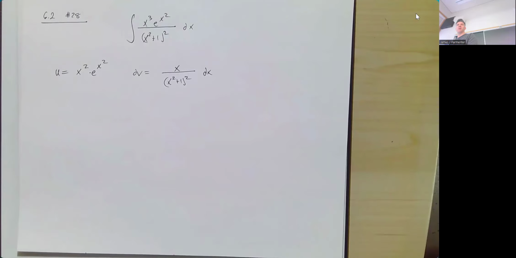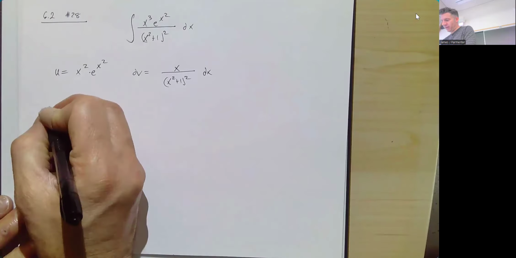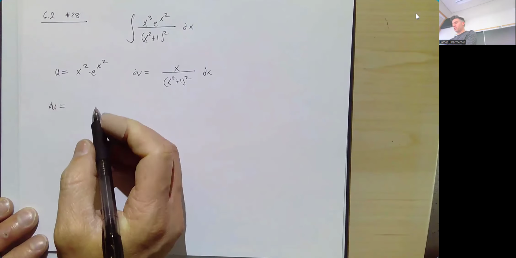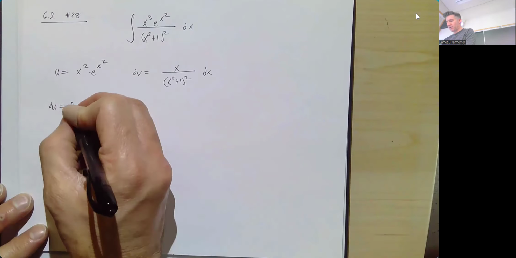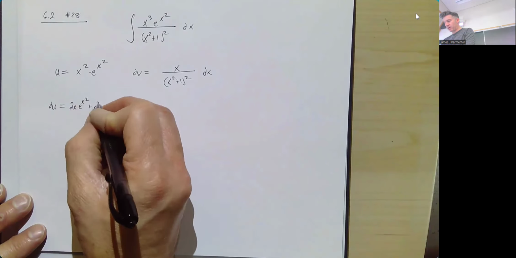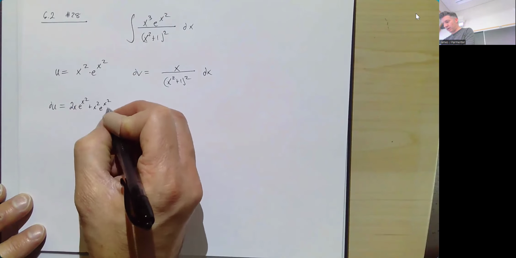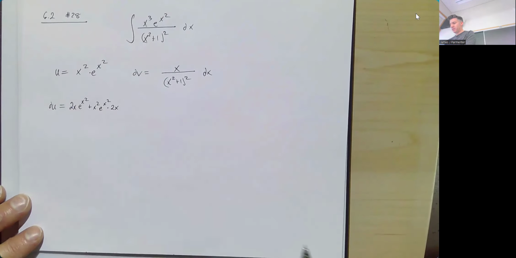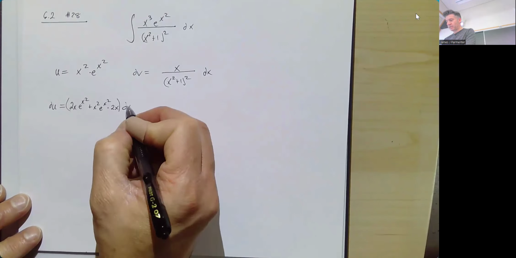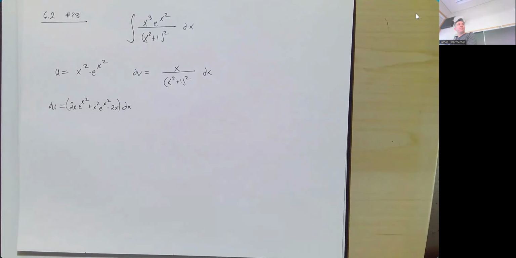This is going to be gnarly, because for our du we have to use the product rule. The derivative of x squared e to the x squared is 2x e to the x squared plus x squared times the derivative of e to the x squared, which is e to the x squared times 2x dx. I might want to simplify that.